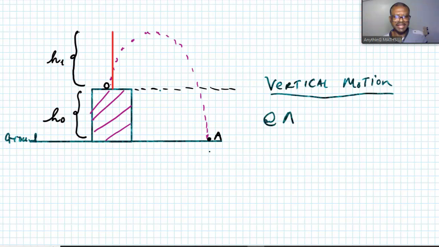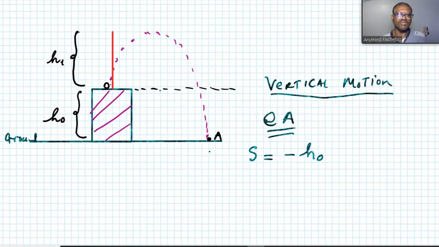The displacement at A will be negative h0.